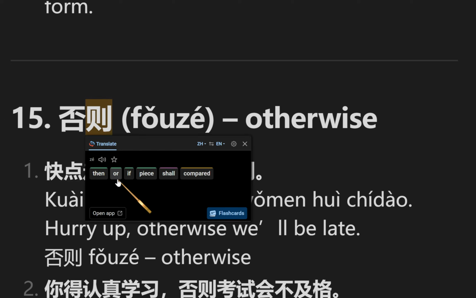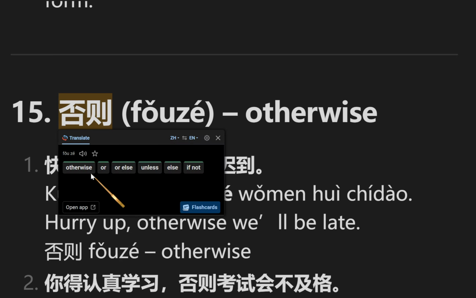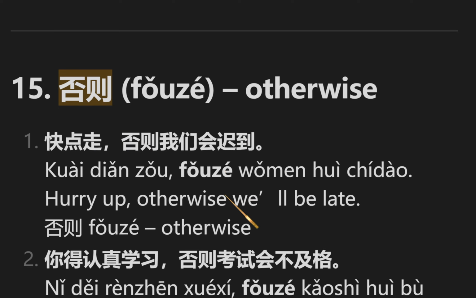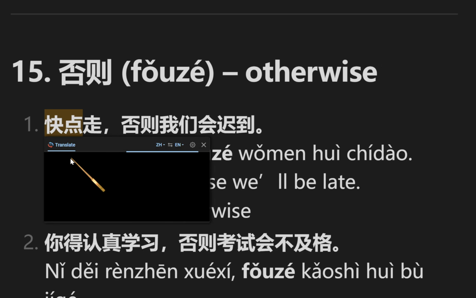Here it means just, then, or shall compare. Some also could be. So otherwise, or else, unless, else. So hurry up, otherwise we will be late. 快点走，快点走，否则我们会迟到。快点走，快 faster，快点 or 快点儿 also could, or 快一点，快一点儿。It's a bit hurry up, like hurry a bit faster.